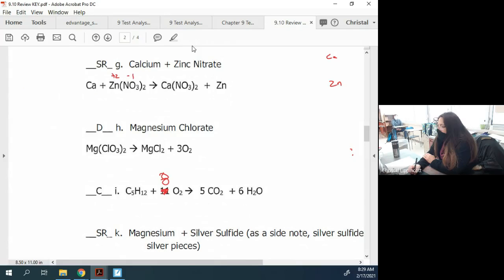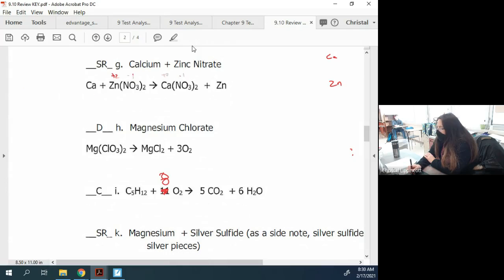Zinc nitrate, I need 2 of those for every one of these to balance the charge out. Calcium, I need a +2. This is a -1. So again, I'm going to need 2 of these to balance this charge out. I have to put it in parentheses because it has to apply to the entire polyatomic ion. Then I put my 2 down here, and then this is my zinc by itself.